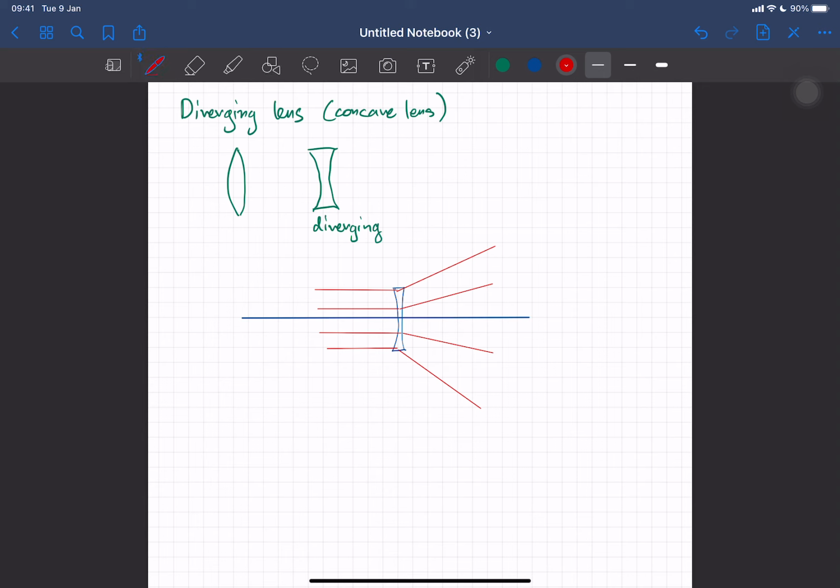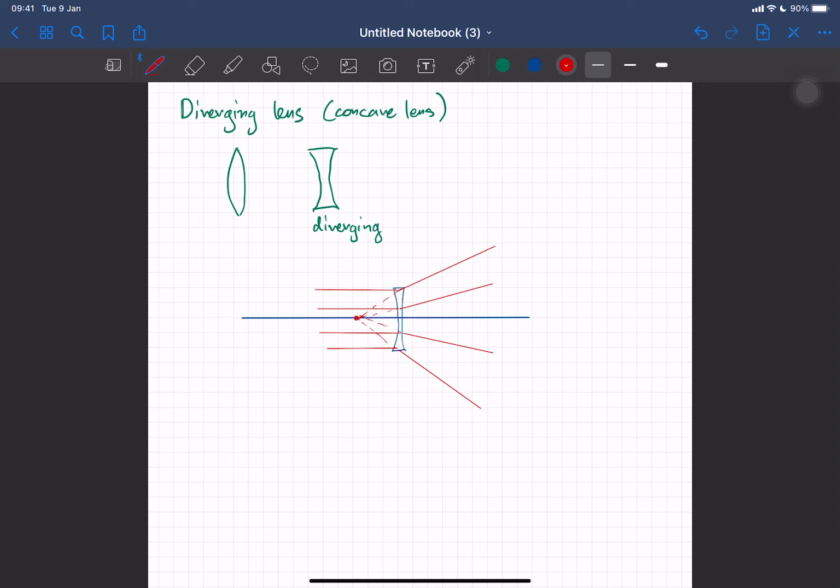Okay, and if you extend these light rays back to a single point, they will virtually meet at one point, even though the light is not really converging there. But if you extend it back, they will meet at one point here.